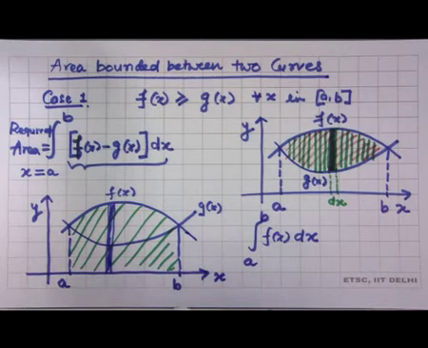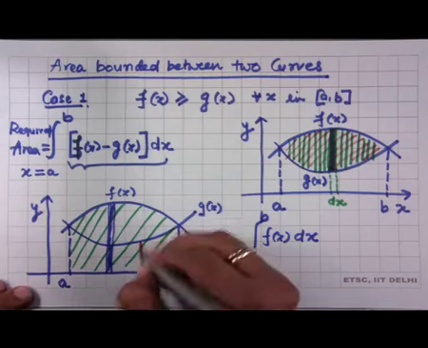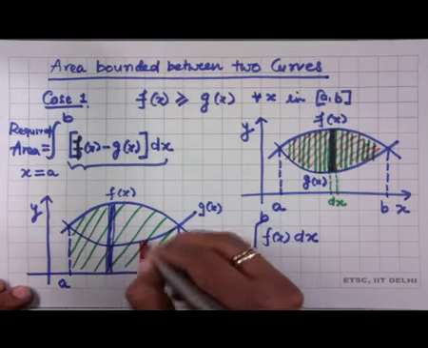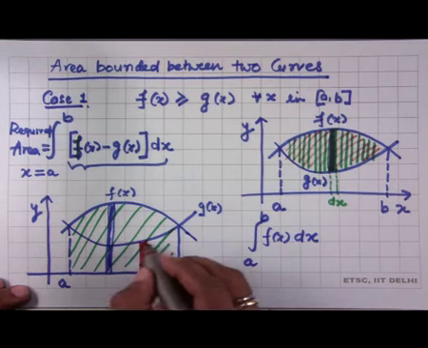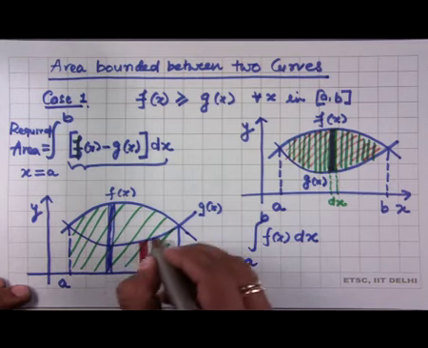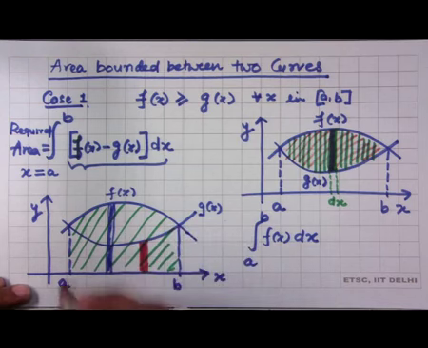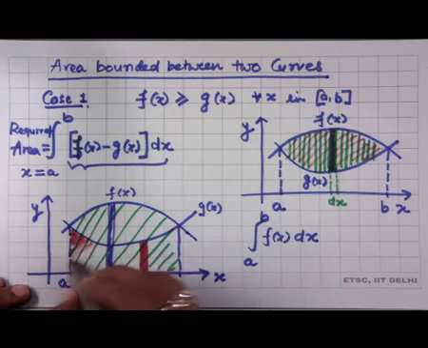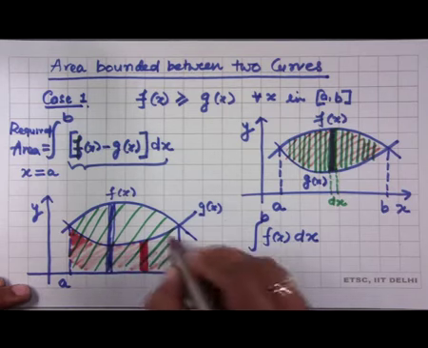Now, if you take this vertical strip which starts from 0 and ends on g(x) every time, so if you just integrate this, you get this area.